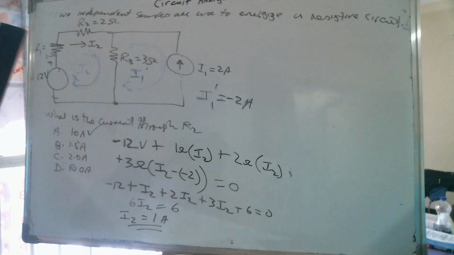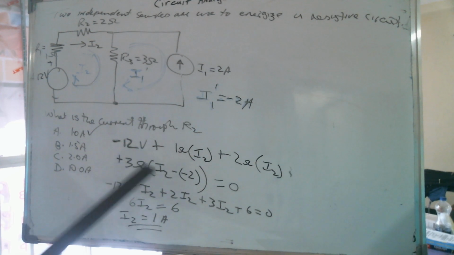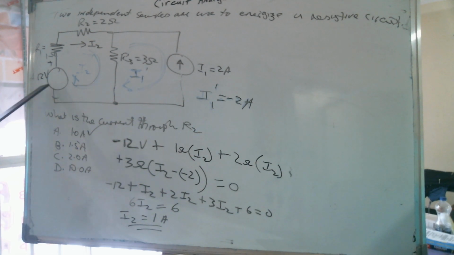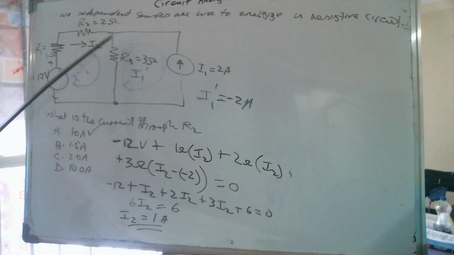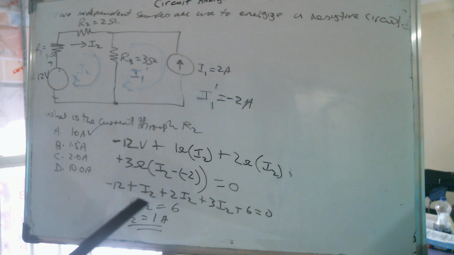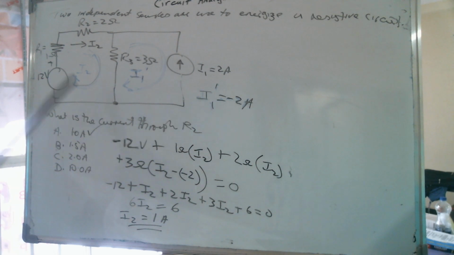See that clearly? There's no need for you to analyze the second loop, because taking KVL around this loop, the value of I1 was already given, except we have to know that it's opposing the flow of our clockwise motion.